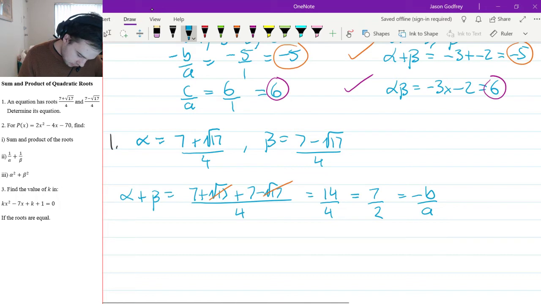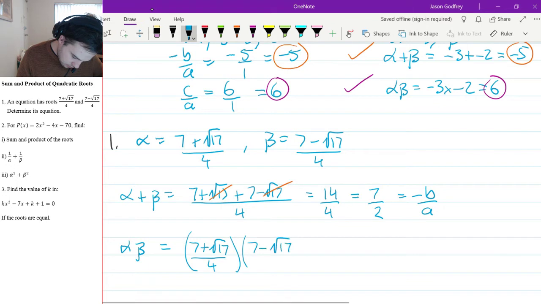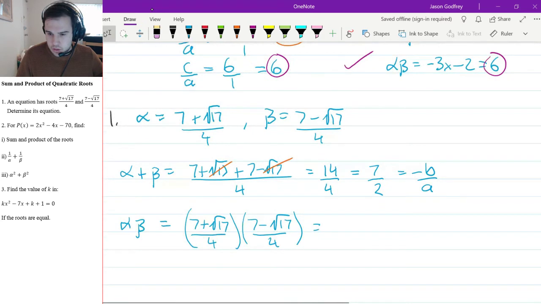So next you've got the product of the roots, alpha times beta, which would be 7 plus root 17 on 4 times 7 minus root 17 on 4. So if we multiply them, well, let's do the denominator first, that's easy. We've got 4 times 4 is 16. And you'll notice if we multiply the numerators, there's actually a difference. It will turn out to be a difference of 2 squares, because we've got 7 plus root 17, and we've got 7 and root 17, the same thing with the minus in the middle.